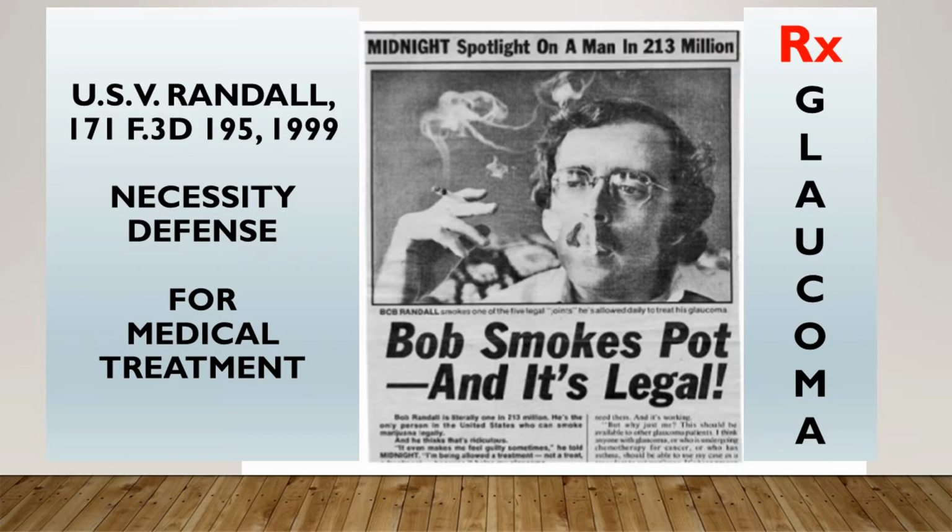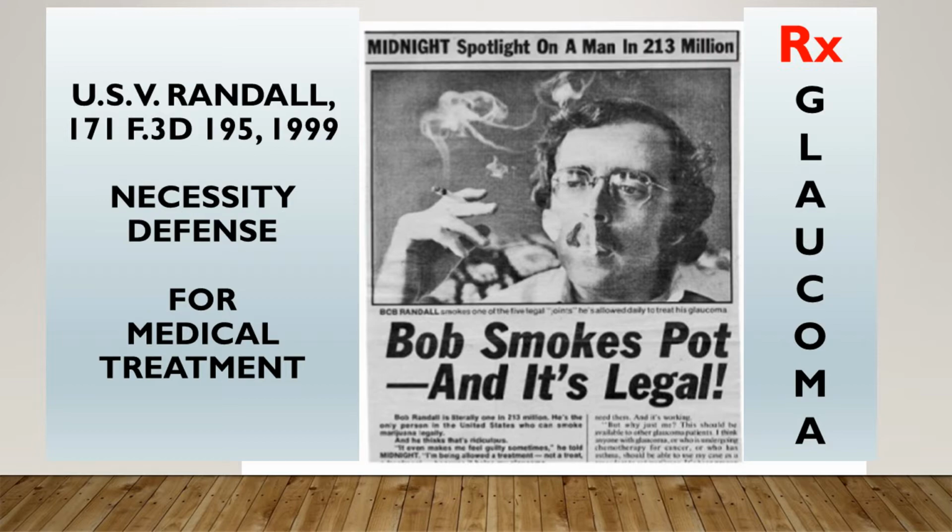In 1999, the U.S. Supreme Court decided the case of Bob Randall, who had glaucoma that could not be treated with medications or surgery. To alleviate his eye symptoms, he grew his own marijuana plants and began smoking it. He was arrested with possession of marijuana, a Schedule I controlled substance.